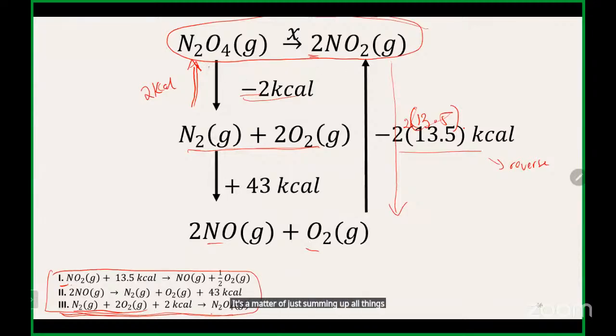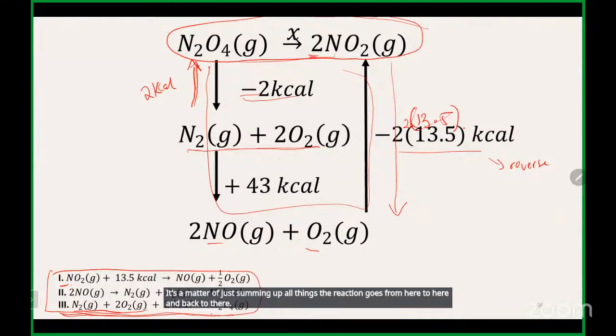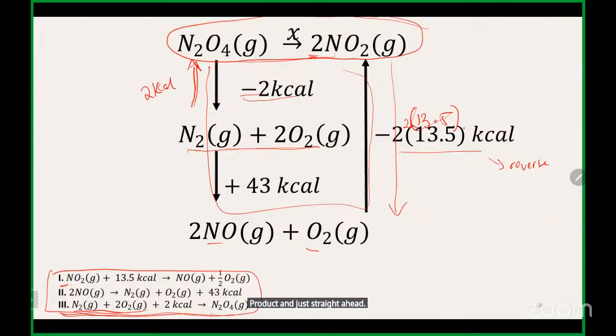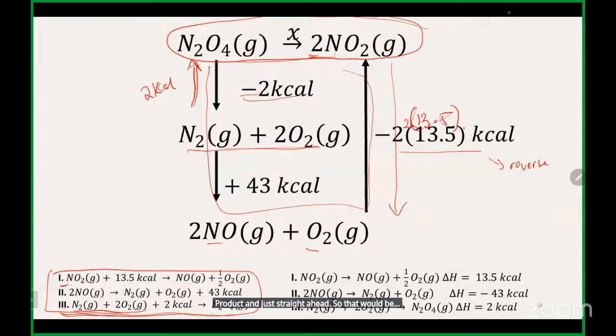The reaction goes from here to here and back to there, rather than just straight ahead. So that would be simply minus 2 plus 43 minus 2 into 13.5. And that will give you 14, like it gave us before.